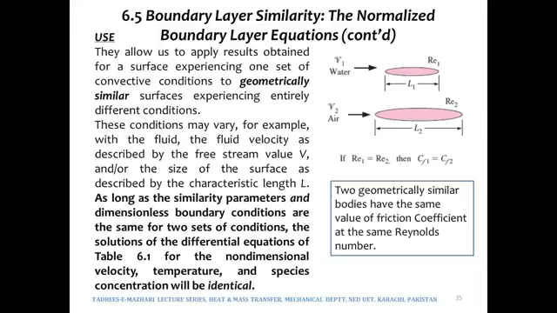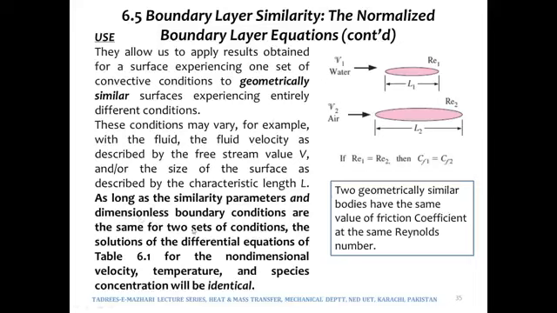So this is how we make use of the similarity studies, that we can apply the results obtained from one object onto another object provided they are geometrically similar. So it's not a new thing for you. You have already gone over a similar kind of study in the fluid mechanics course.